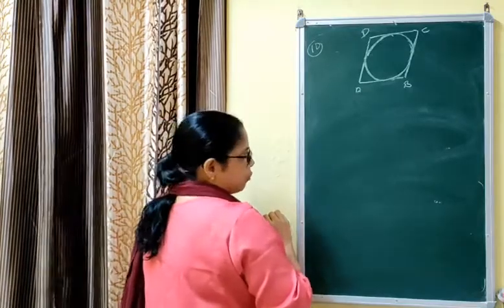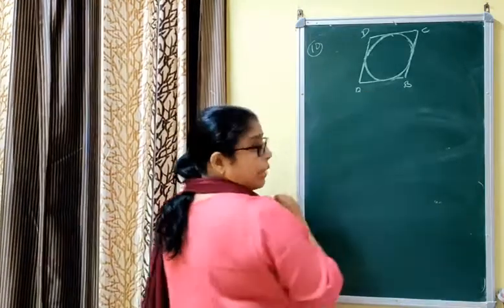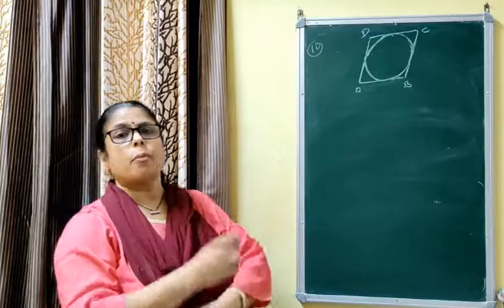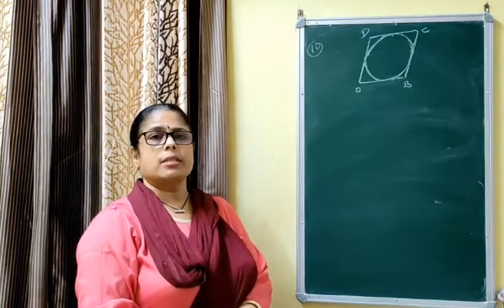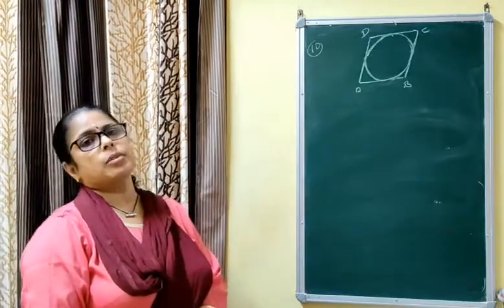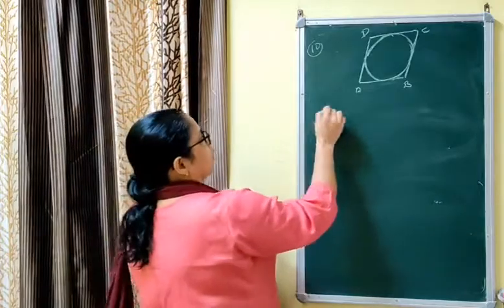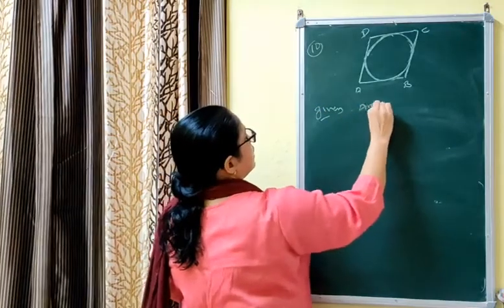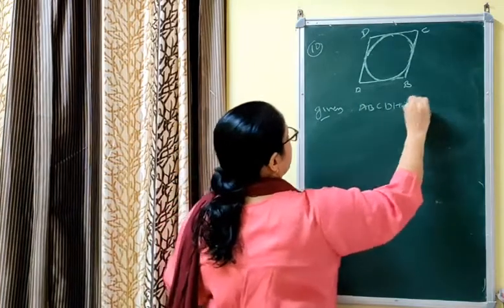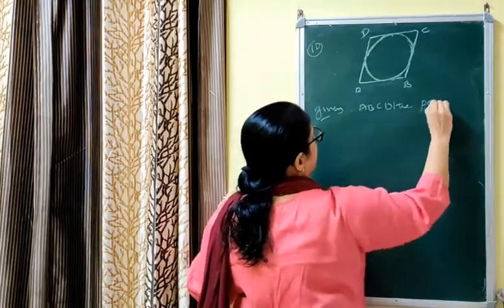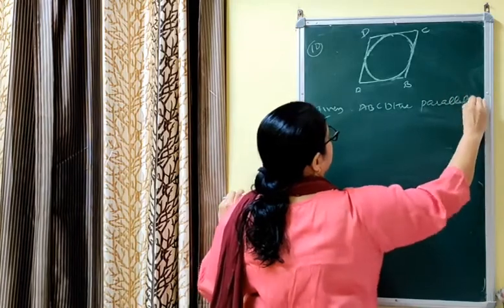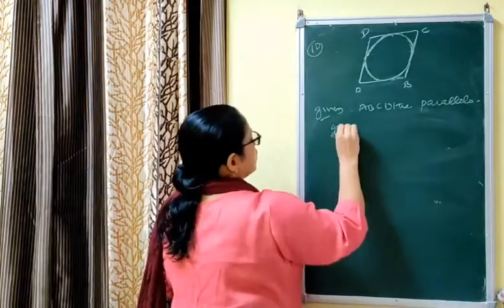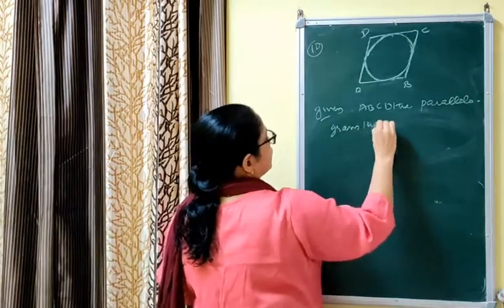Now you have to prove that when a parallelogram becomes a rhombus, if two adjacent sides of the parallelogram are equal, then it becomes a rhombus. Then what you have to do? First of all, given: ABCD is the parallelogram circumscribing the circle.